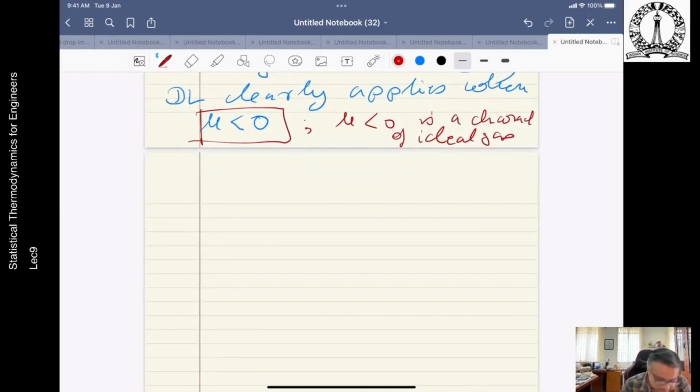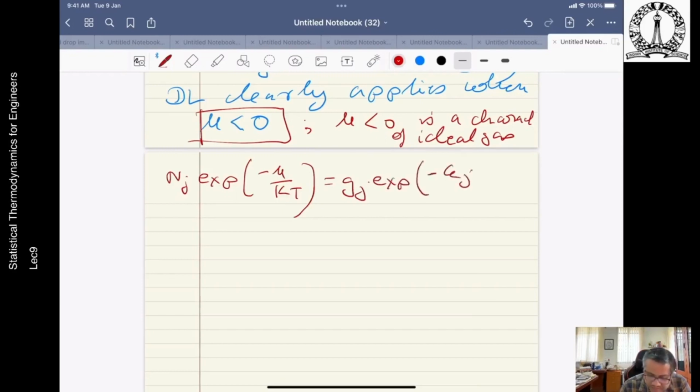So therefore, Nj exponential minus mu by kT equals Gj exponential minus Ej by kT. Okay. So this is just a simple separation. Now sum over all j, that is, sum over all energy levels.